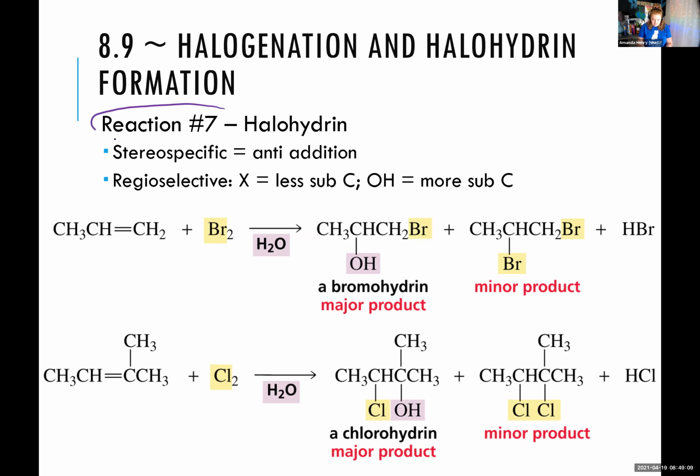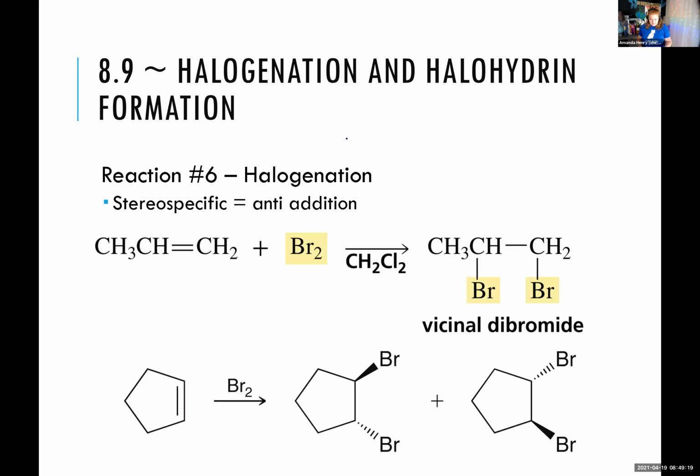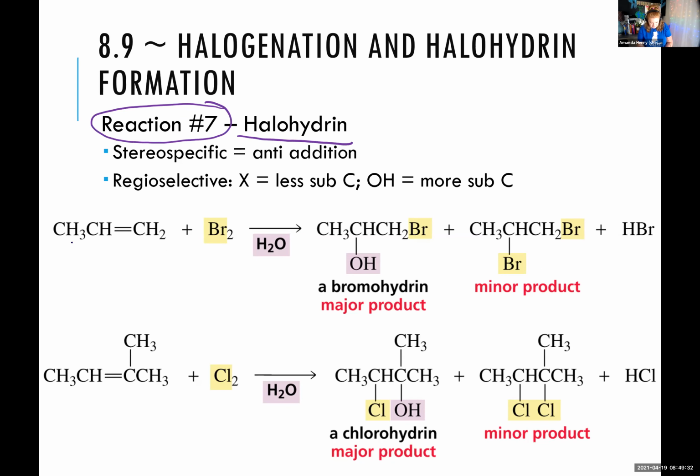So reaction number 7 is called a halohydrin reaction. And this is going to be very similar to our last reaction. So let me go back just a couple slides right here. So we looked at halogenation, which was our alkene with a halogen, and we added that halogen to both of the vinylic carbons. In this one, we're starting with an alkene.